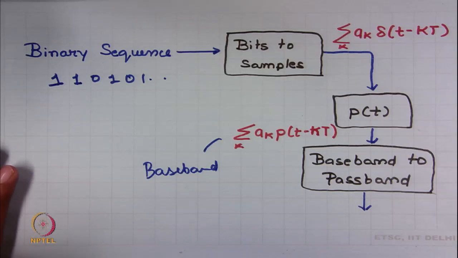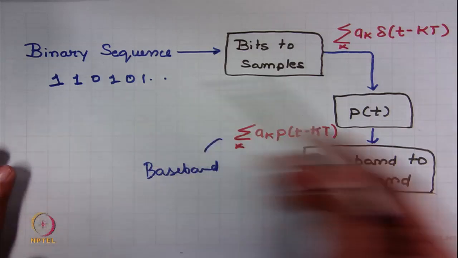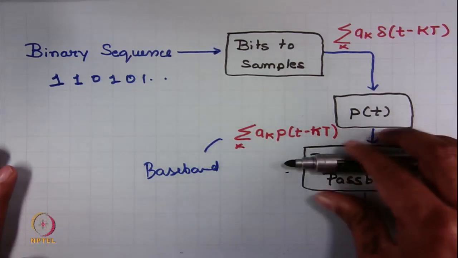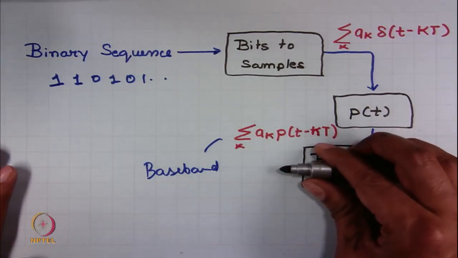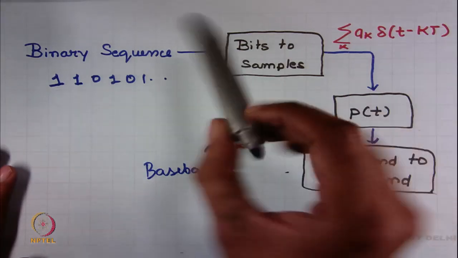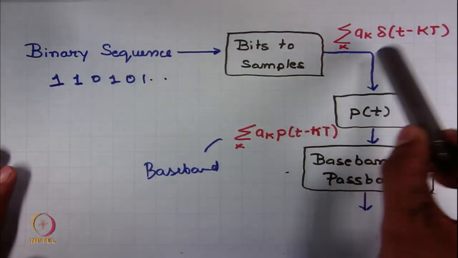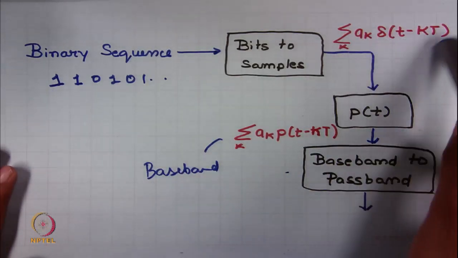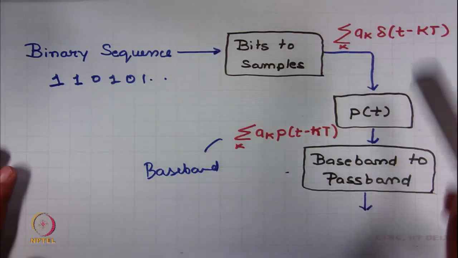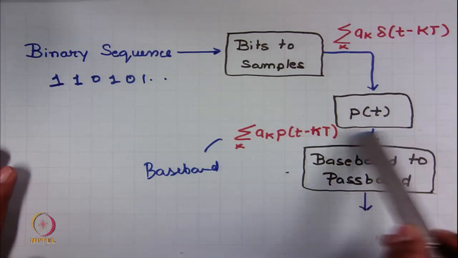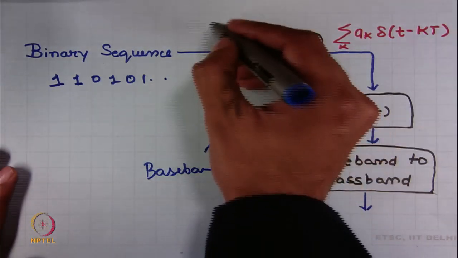Remember what we said in one of the previous lectures, that if we focus only till this part, we can call the modulator a line coder. In fact, in this lecture we will be dealing with the spectral description of various line coding schemes. Line coding means you convert a binary sequence to samples and then convert this weighted train of impulses into a weighted pulse train. So, this is the line coder.